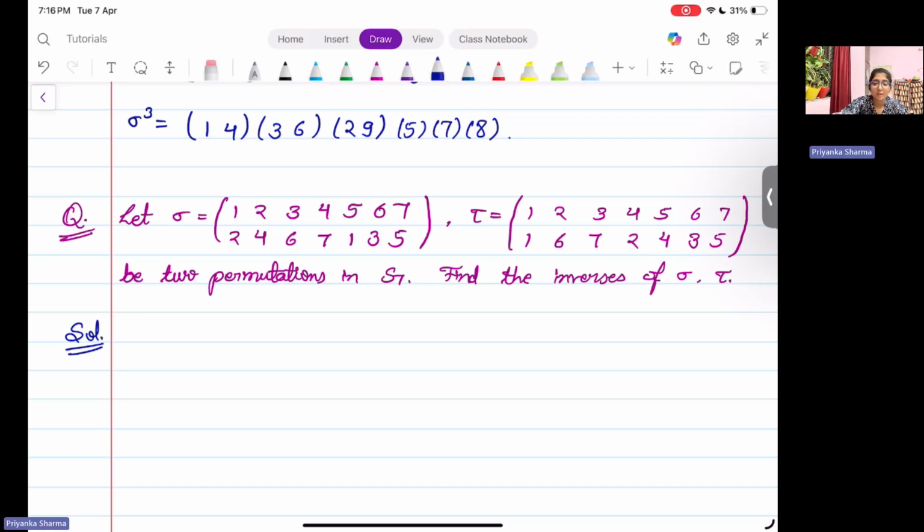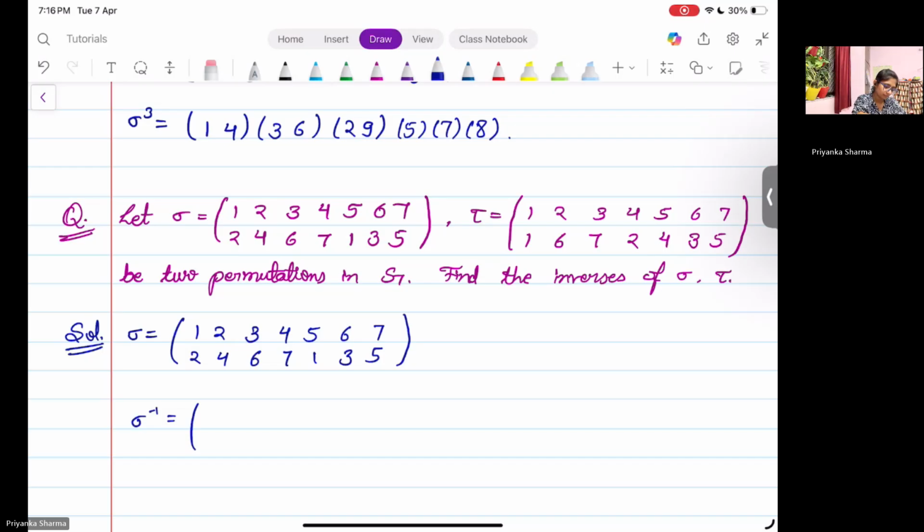Now we have two permutations in S7 and we need to find their inverses. So how to do this? This is sigma. So sigma inverse will be, again, we will have images of these 7 elements.